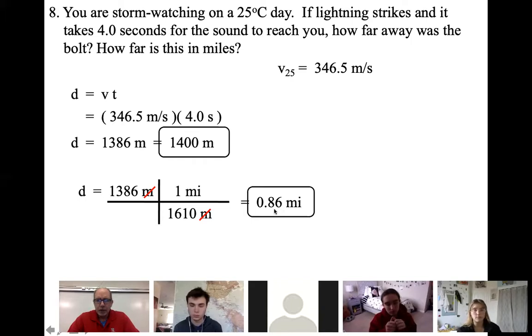So when you're storm watching, it's roughly a little bit less than 4 seconds per mile. Actually, if it travels a mile, it takes a little bit more than 4 seconds. So consider that next time you're storm watching, which is really fun.